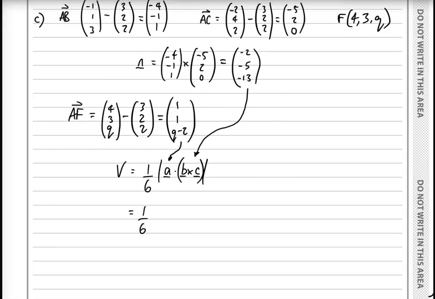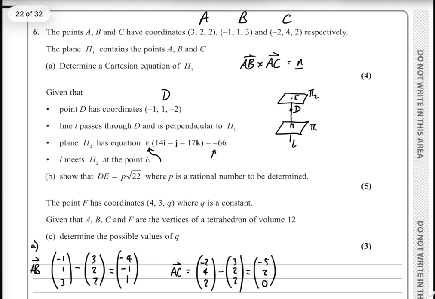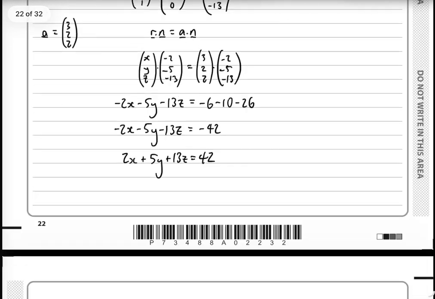So we've got 1/6 of the magnitude of 1, 1, Q minus 2 dot the cross product, which was minus 2, minus 5, minus 13. And all of that from the question had to equal 12.